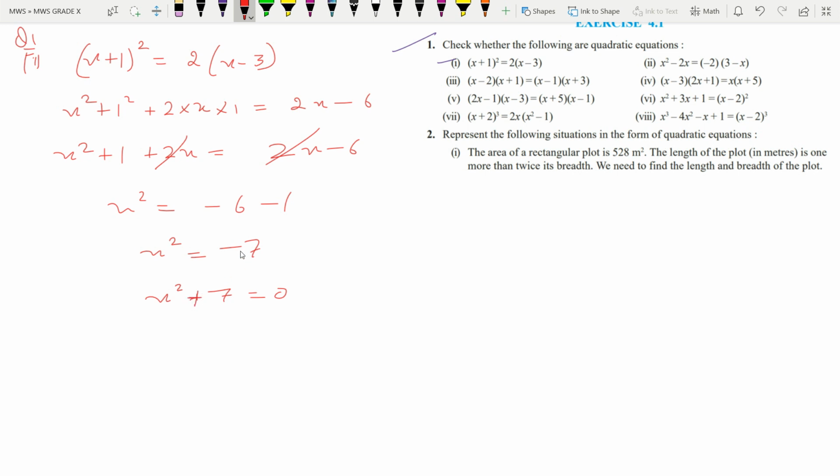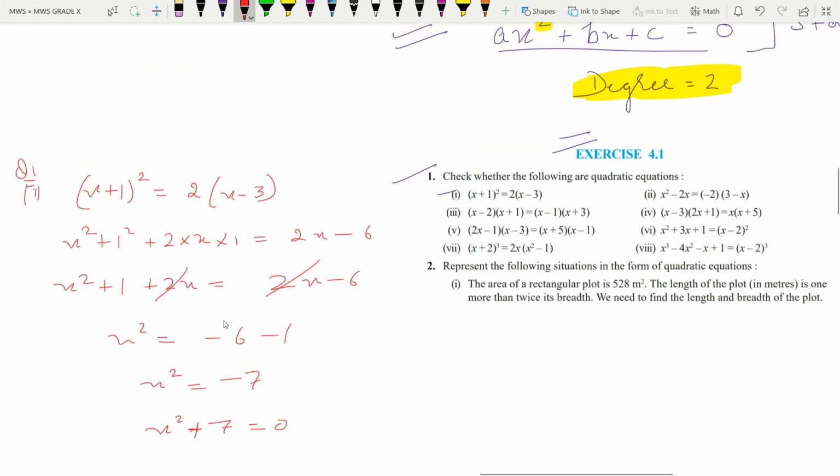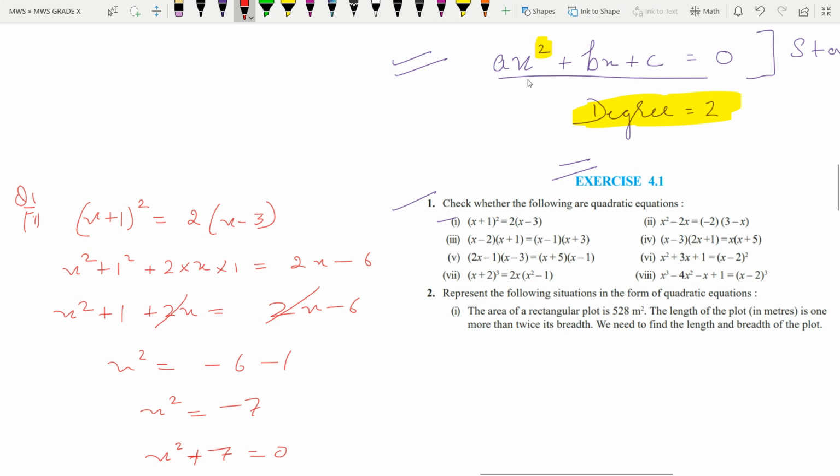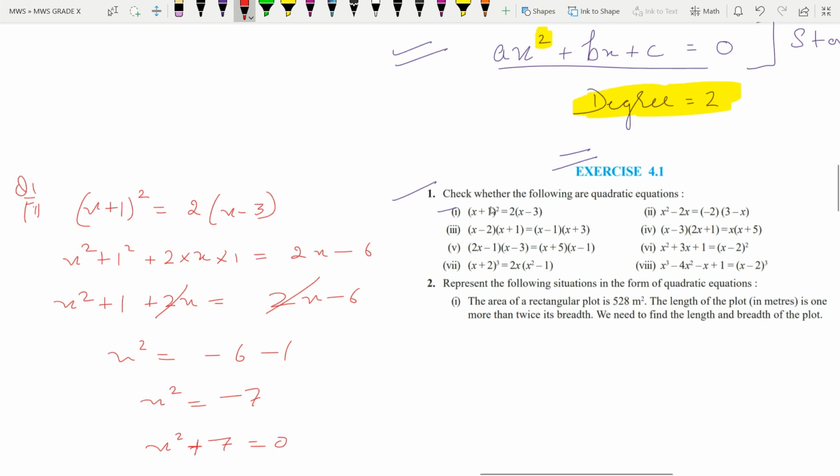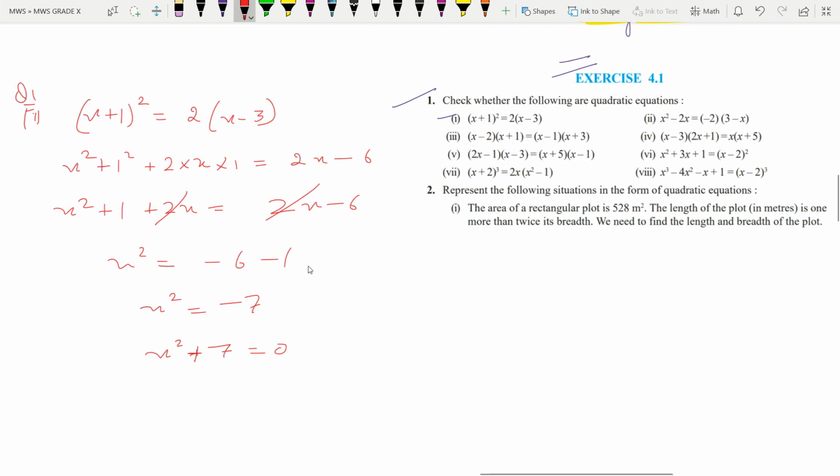So I have tried to write in standard form, but if you match it with the standard form of a quadratic equation, then here we have x square, here also we have x square, fine. Then here we have a x also, but here we do not have any x. We have directly a constant term 7, like c. So is it a quadratic equation? Yes, it is a quadratic equation. We should have at least the degree 2.